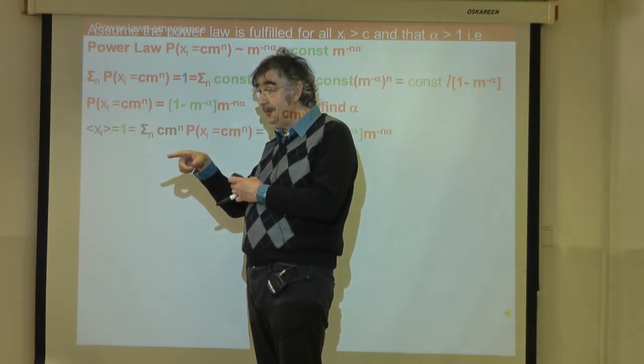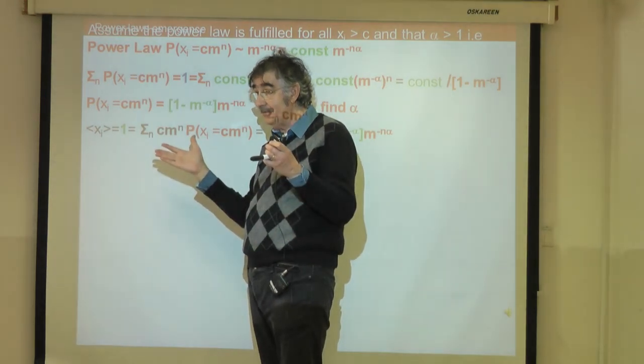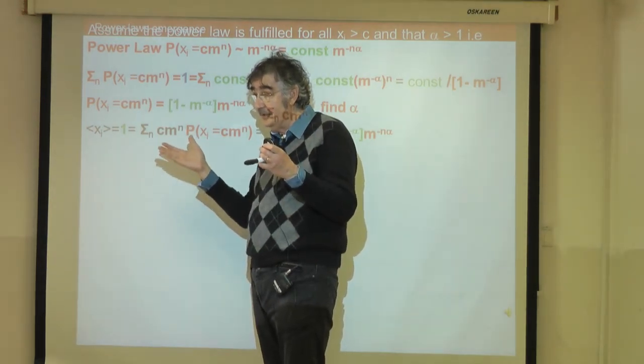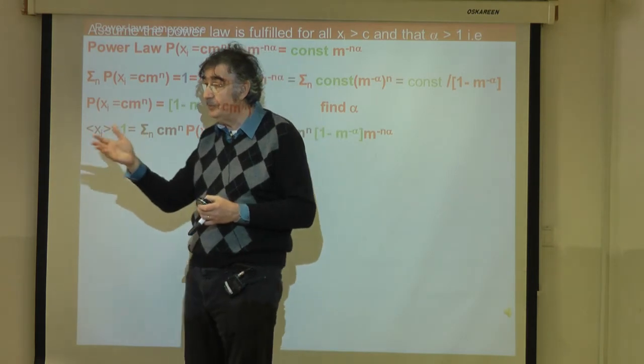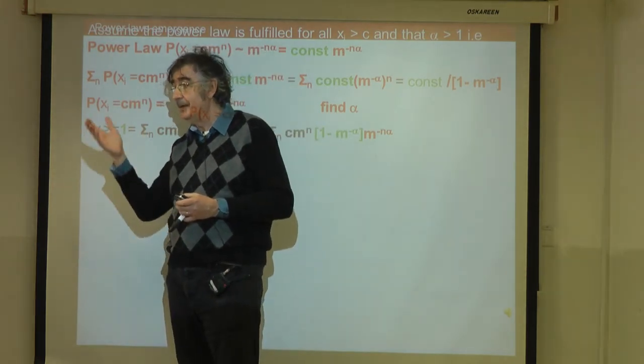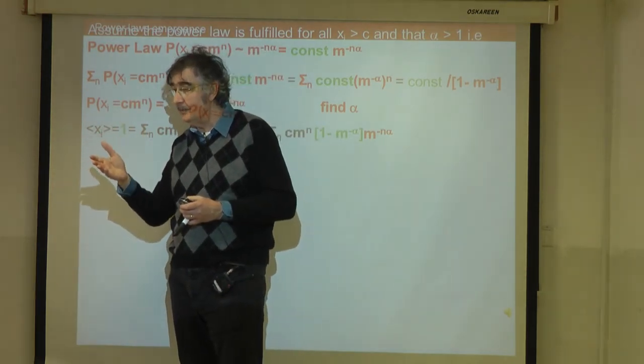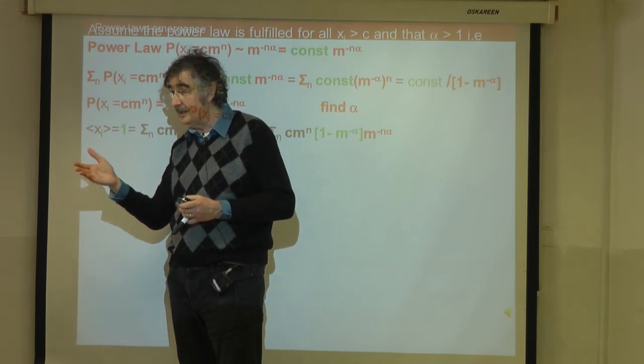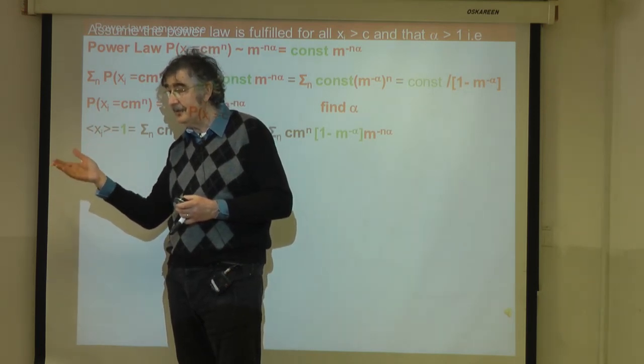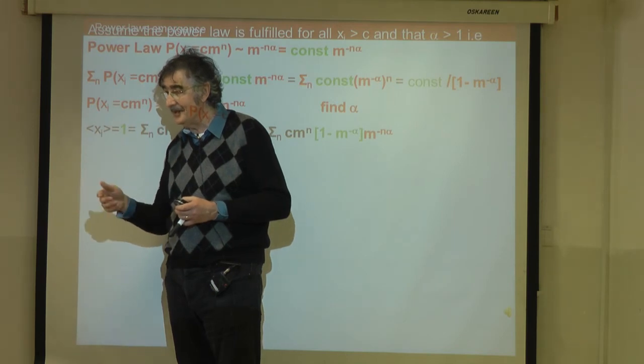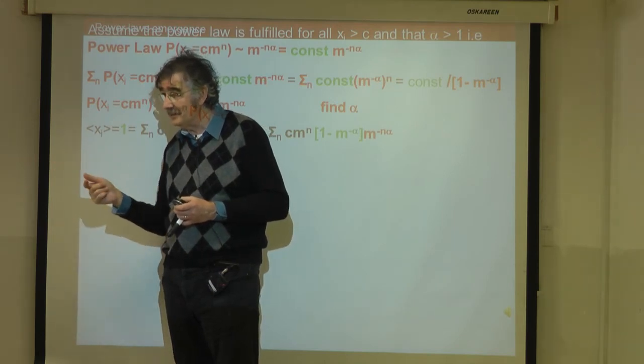Are you aware of it? What is the average of some quantity? Suppose that I have a quantity which can take value 1 with probability 1/3, 2 with probability 1/4, and 3 with probability what is left after I subtract from 1, 1/3, and 1/4.